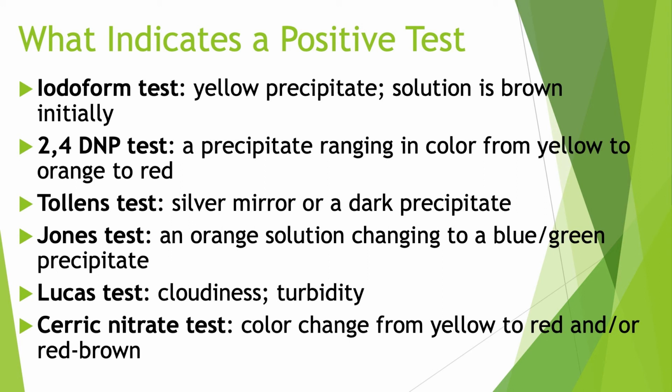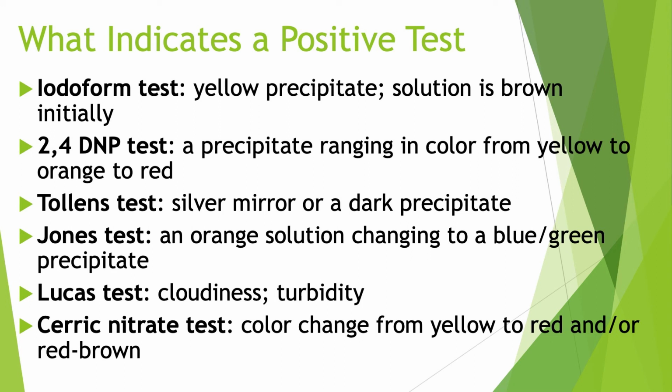For the 2,4-DNP test, we're looking at a precipitate. That color could range from yellow to orange to reddish, really depending on the organic compound you're using. Again, for the Tollens test, we're looking for that silver mirror. If a silver mirror doesn't form, sometimes it looks like you've got a dark precipitate settling out, which would be a positive test also.